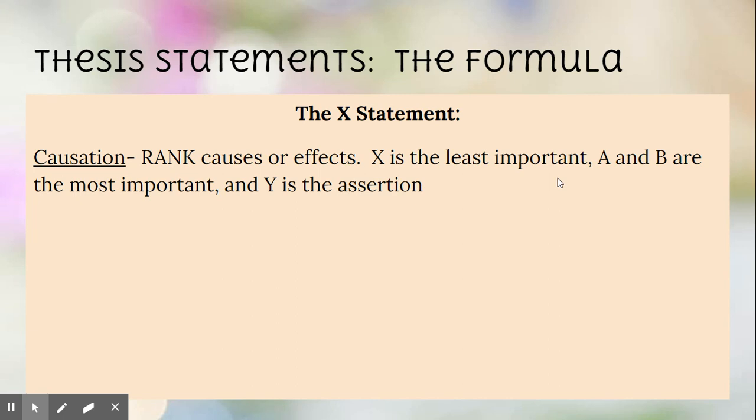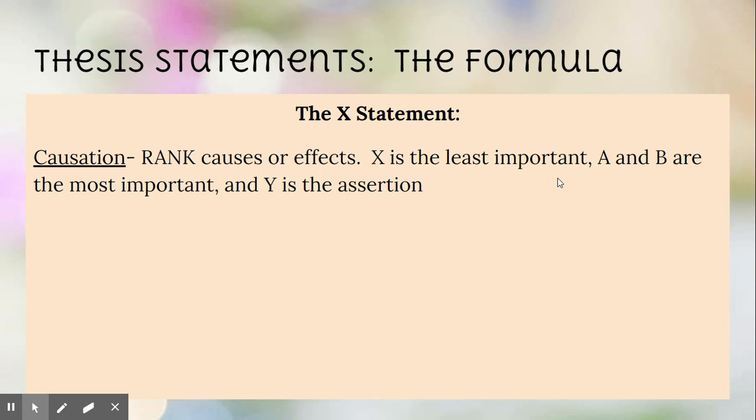Sometimes they'll give it to you, or sometimes it might explicitly tell you to rank them, but even if it doesn't, rank them. What do we mean by rank them? Most important to least important. Make that your go-to move when you see cause and effect.